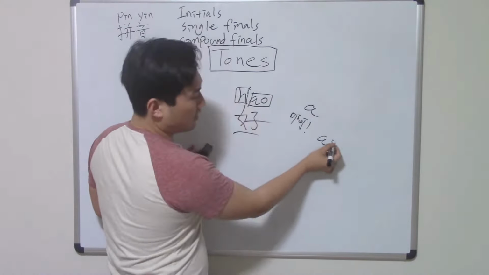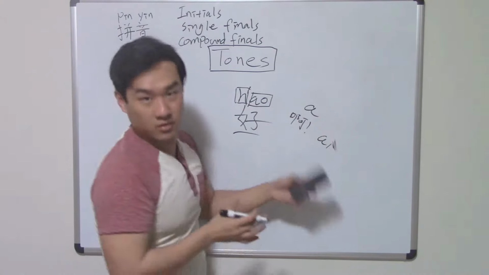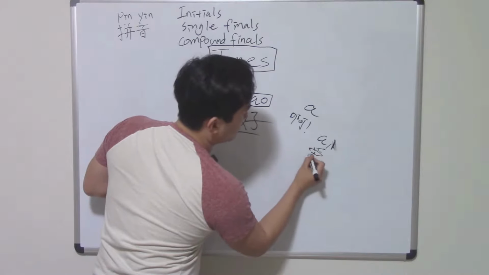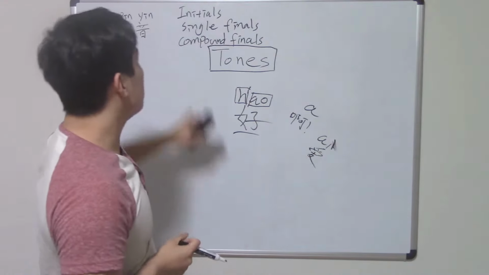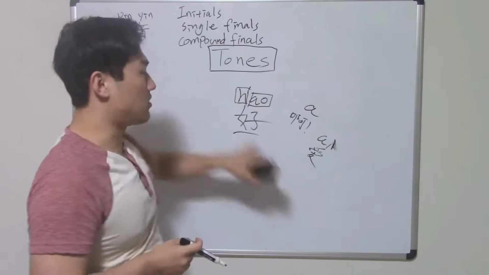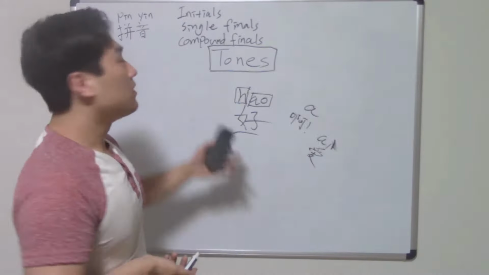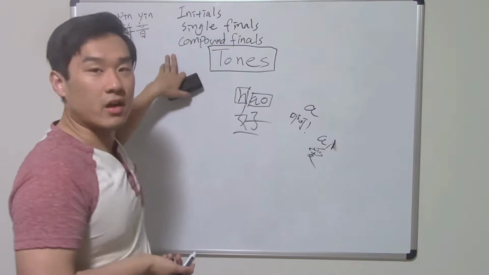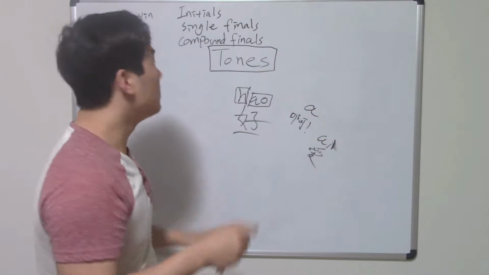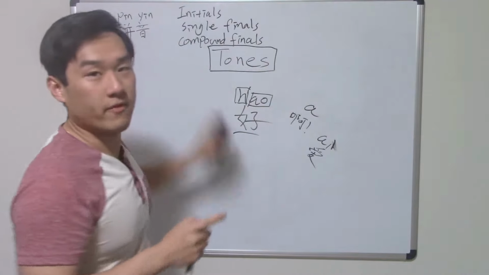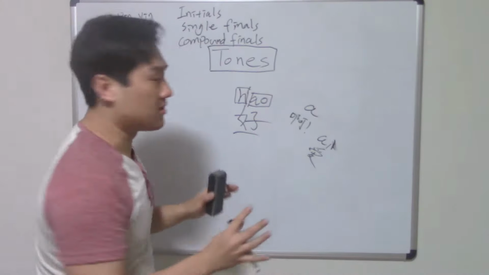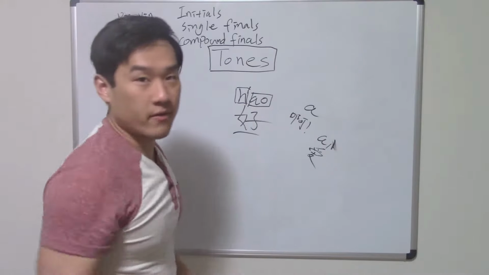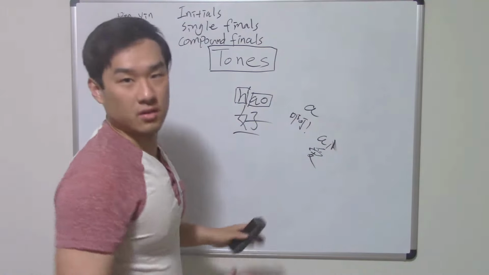And then that's the tone right here, which is what makes it a little different, and we're going to talk about it today. This time, ai can mean the word love. So it can be single finals or compound finals by themselves, or initials plus a single final, or initials plus a compound final. There's only one initial and only one single or compound final per word, and that's it. There's no initial plus single final plus compound final, nothing like that. It is what it is.